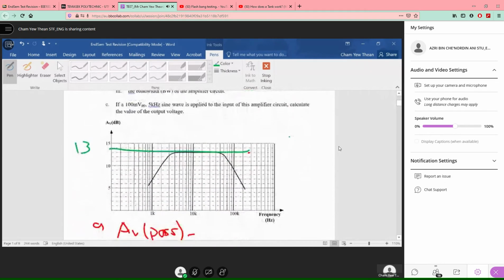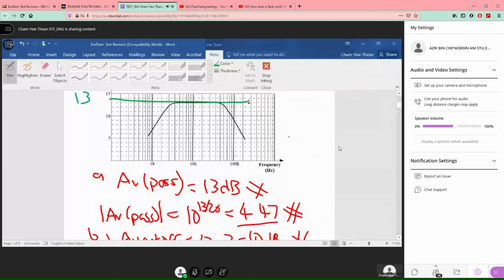Yes, correct. So your pass band gain is 13 dB and for the absolute value you take the inverse log, 10 to the power of 13 divided by 20, and you get 4.47.